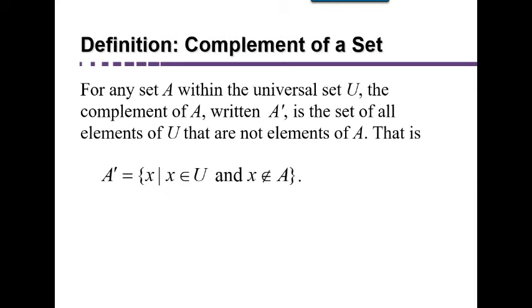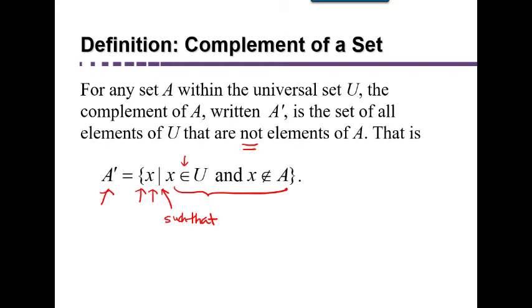So for any set A within the universal set U, the complement of A, which is written A with a little prime symbol next to it, is the set of all elements of U that are not elements of A. So when you see the word not, you know we're talking about a complement.